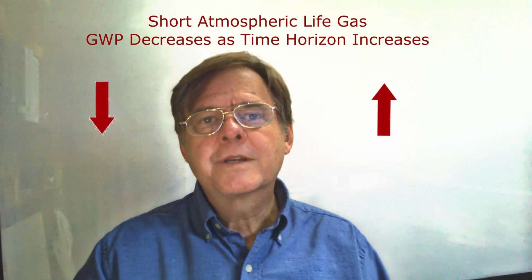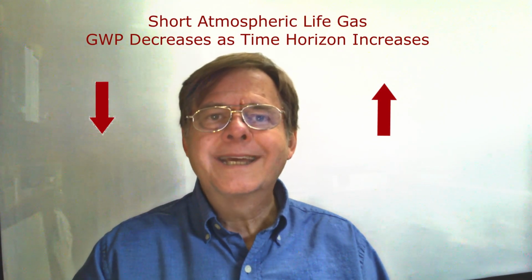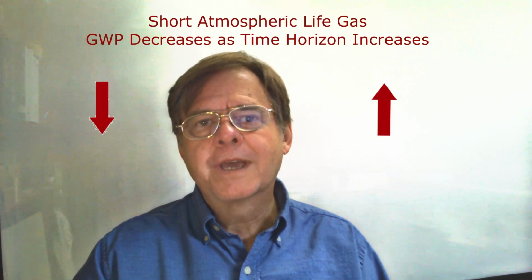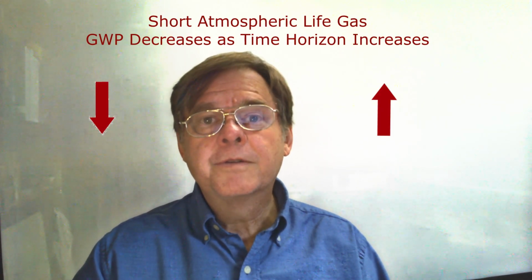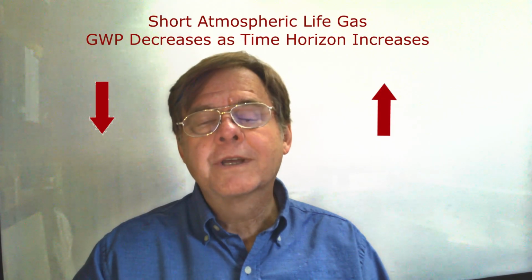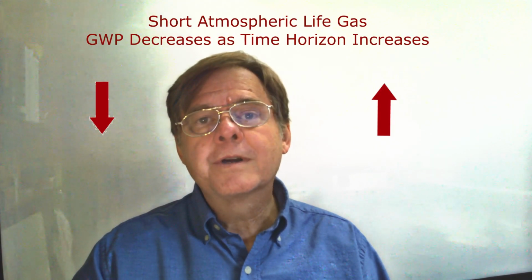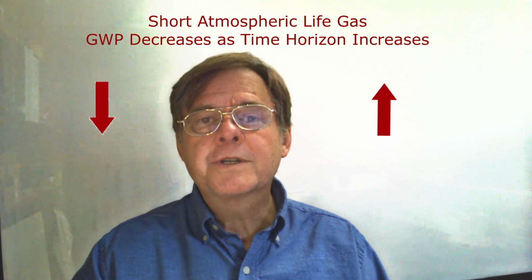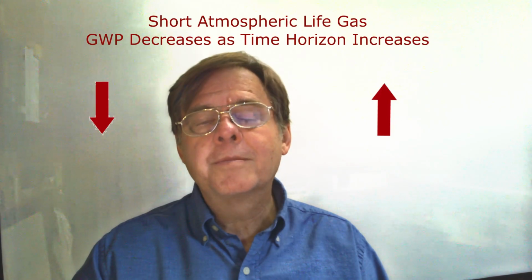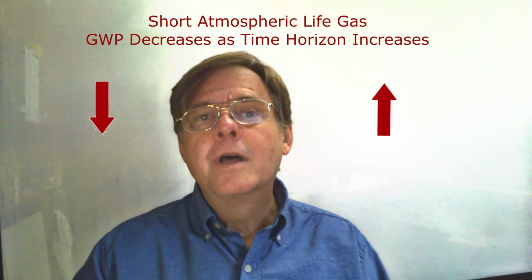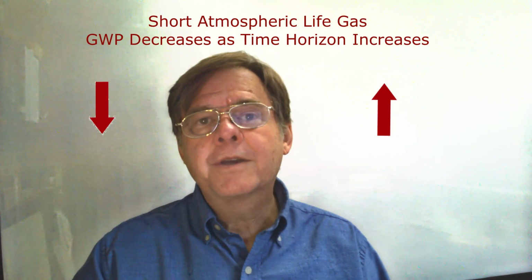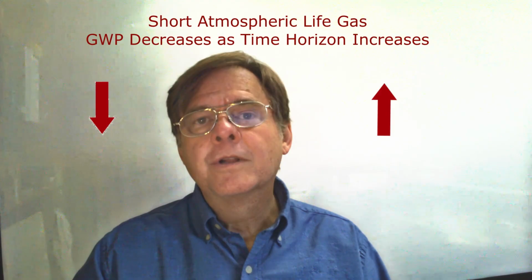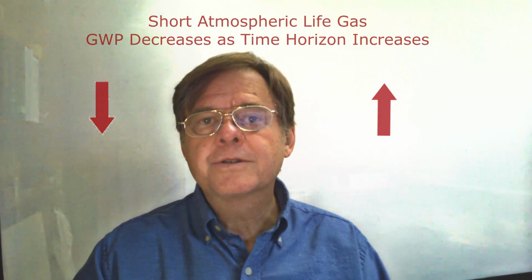By contrast, if you have a greenhouse gas that decays over time, its radiative forcing will also decay over time, meaning the radiative forcing of the greenhouse gas will get less and less, down to where it's almost zero towards the end. Since the radiative forcing is getting smaller, and while the carbon dioxide is staying the same, longer GWP calculations for gases that decay over time tend to give lower GWP calculations.